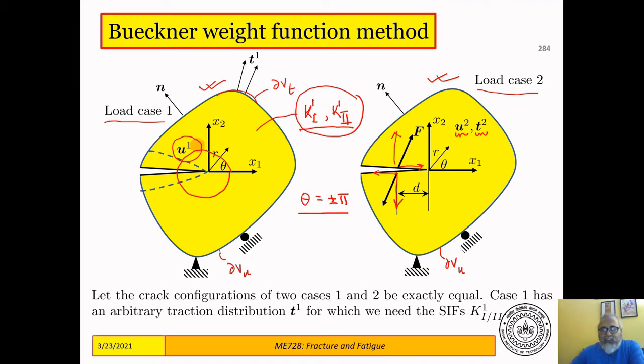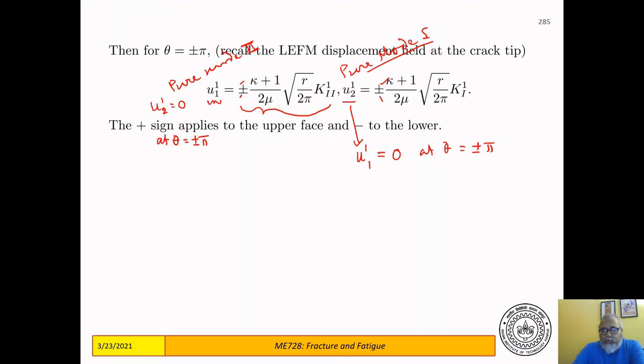We will use this fact, we will use the Williams solution now to couple with this auxiliary problem and find K1 and K2. This is how we are going to do it. So let's turn to load case 2 now. This is load case 1, so the superscript 1 tells you that it's load case 1.